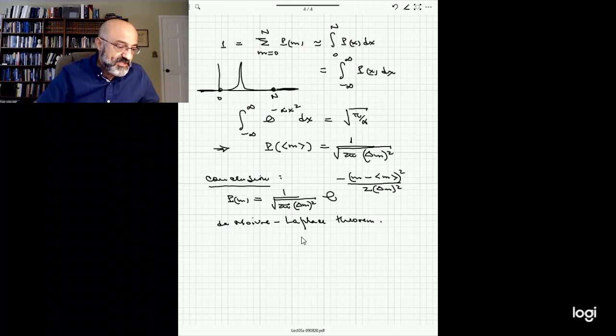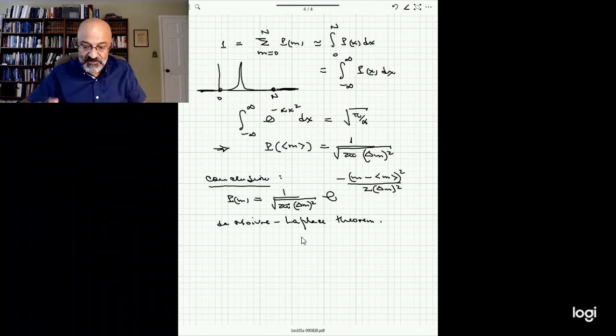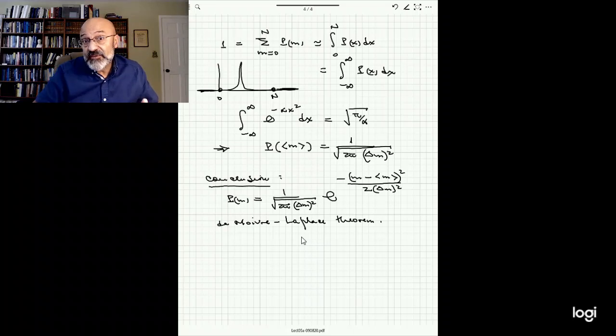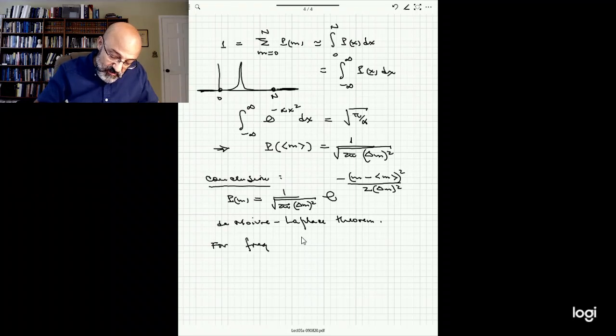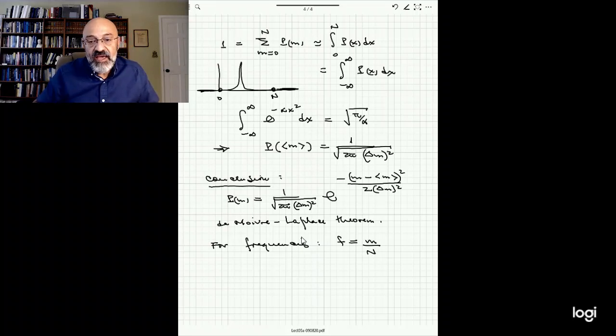We can express this, and I'll leave you to do this as an exercise, by changing variables, and instead of talking about m, we can talk about frequencies. So just replace m by nf, and you can find the corresponding probability distribution.